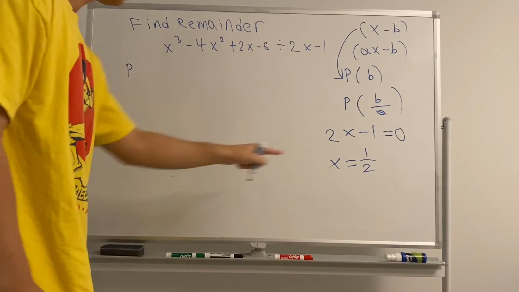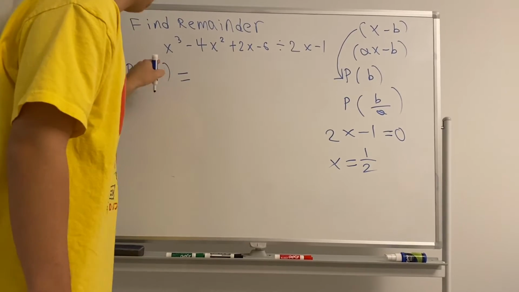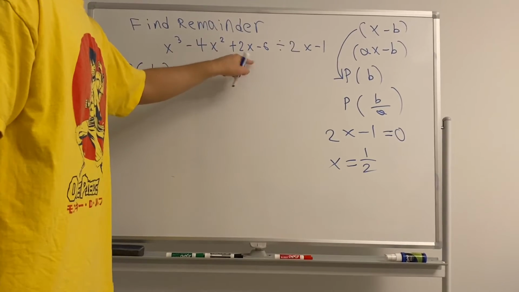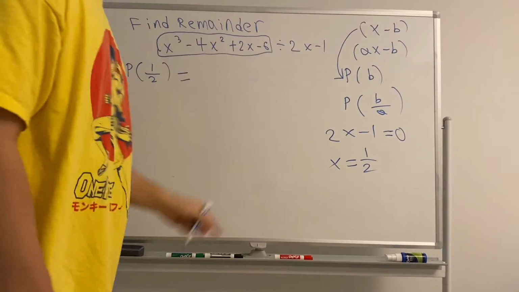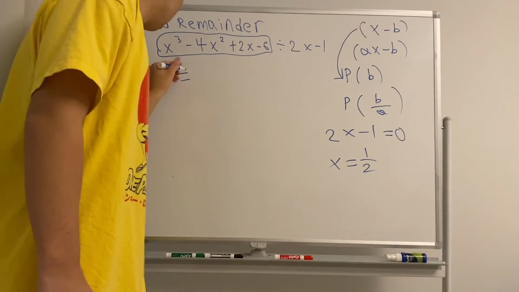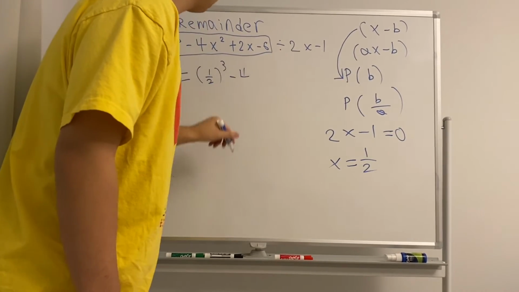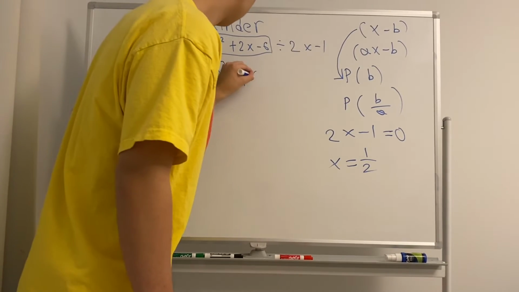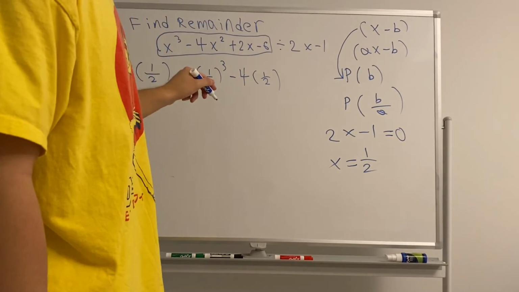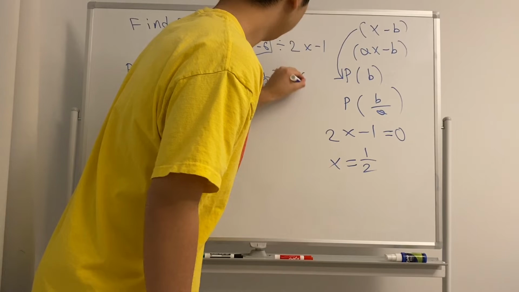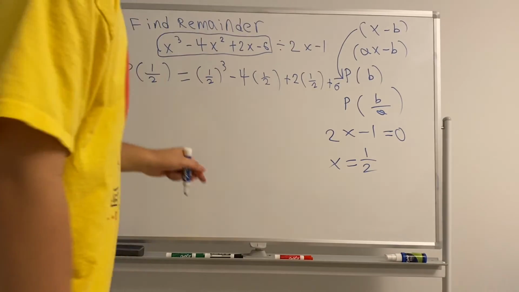So p at 1 over 2 is equal to, and then we're going to plug in the 1 over 2 for all of these x values in this polynomial, because we're dividing by that really. So we're going to say 1 over 2 to the power of 3 minus 4 over 2 plus 2 over 1 over 2, plus 6, sorry, it's a little bit messy.